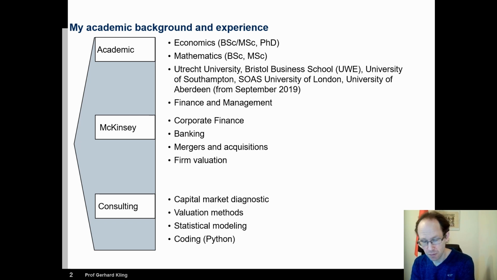I worked in business consulting. I worked for McKinsey in corporate finance and banking with a strong focus on mergers and acquisitions and firm valuation. And I have done lots of consulting work ever since for various clients, mostly around valuation problems, statistical modeling, a fair amount of coding, so data science kind of work, lots of Python, lots of Stata and other things as well.